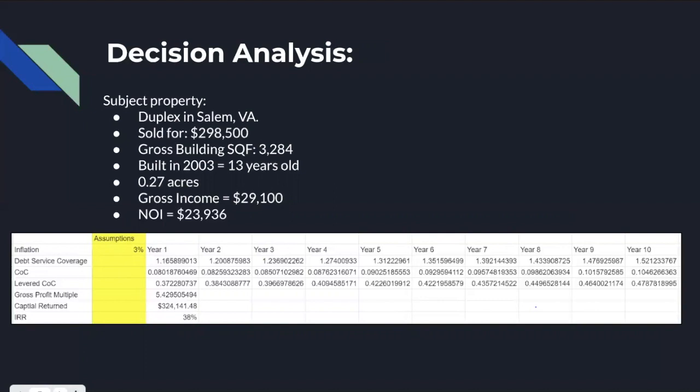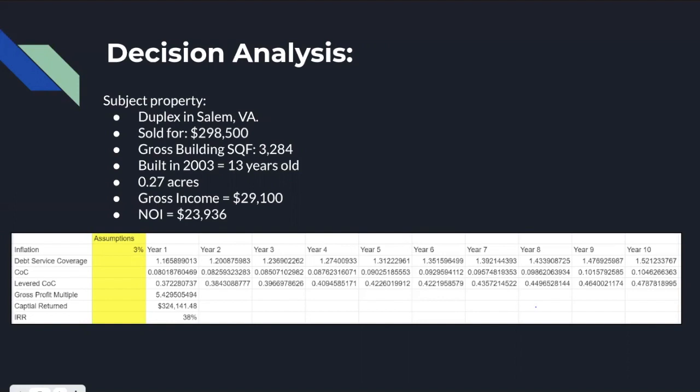Looking at the chart below, it is important to note that we made an assumption of inflation of about 3%. That is just an assumption that we made to include inflation in our results to have the most accurate decision analysis chart that we possibly could.